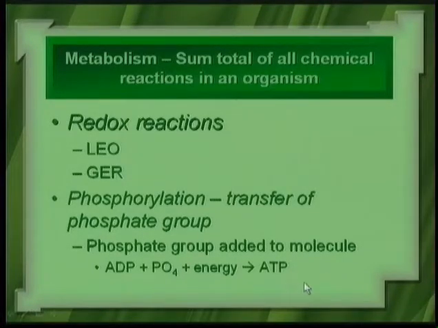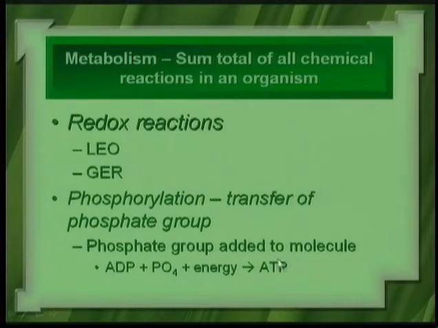The three phosphate groups are all charged similarly. I believe they have a little bit of a negative charge. Anyway, they're charged similar to each other. So when you have these three phosphate groups with the same charges, they have a tendency to repel each other. So you have to put quite a bit of energy into making ATP. That's why ATP is the currency in the cell, because ATP has a lot of energy.